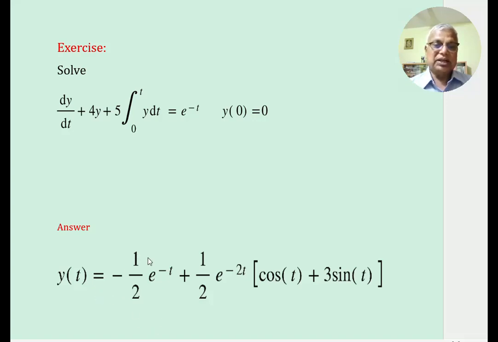There I have done similar equations, even though they are not integro differential equations, but for finding the inverse Laplace, those lectures, part 8 and part 9, will be useful in solving this. The links are in the description below. So please try to do this and see if you get this answer.